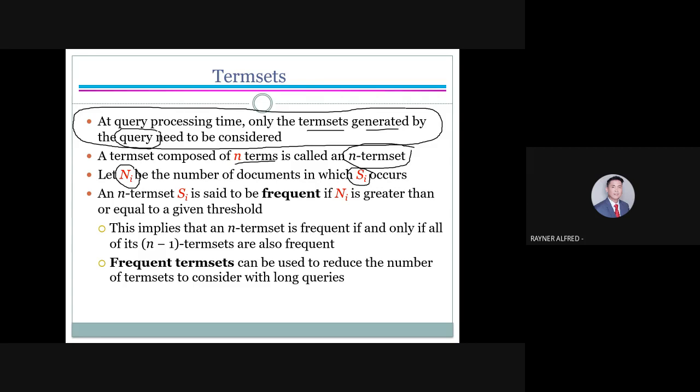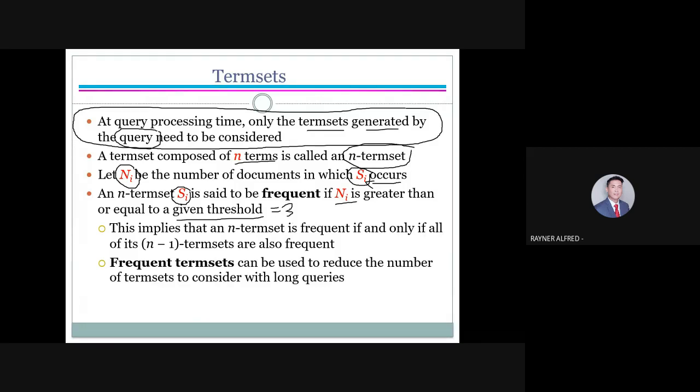So an n term set is said to be frequent if the number of documents that contain the term set is greater than a given threshold. Meaning, if I say the threshold is 3, and this term set exists in 3 or more documents, we say that the term set is frequent.